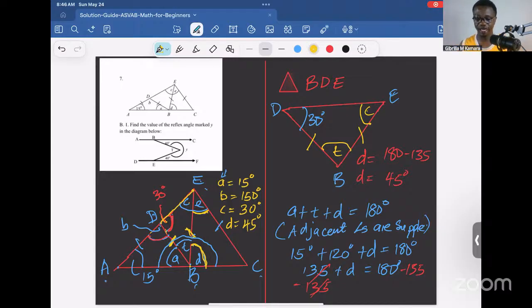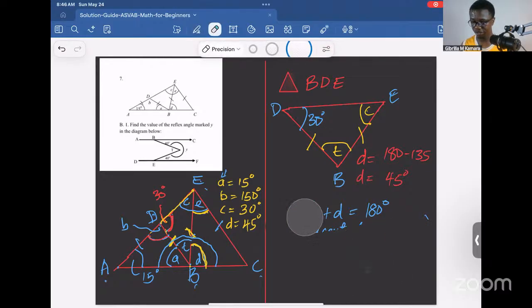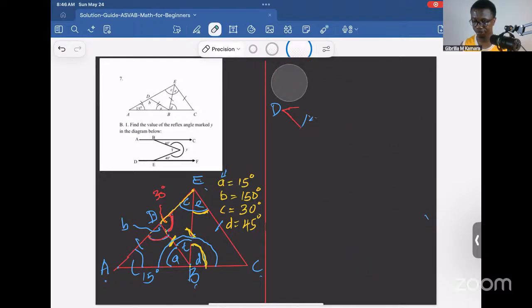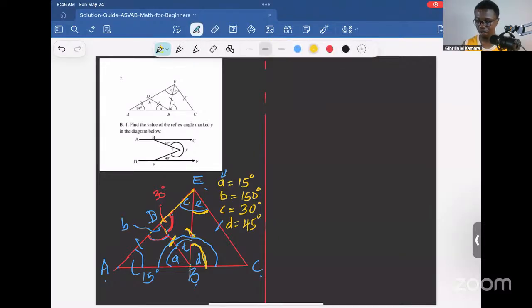Let me just draw the diagram for that. That triangle. We don't need all of this anymore. So we say triangle BCE, which is this, and this, right?